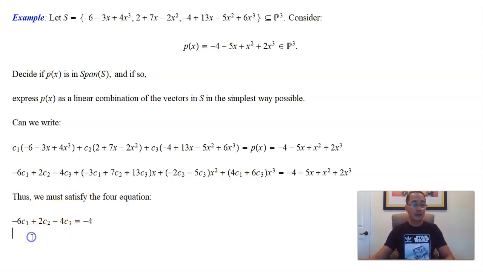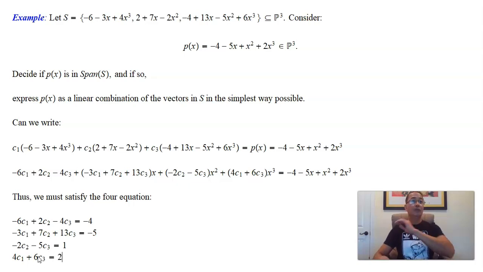Next coefficient, this must be equal to -5. Next, this coefficient must be equal to 1, for x squared. And this coefficient must be equal to 2. So C1, C2, and C3 have to satisfy these 4 equations.